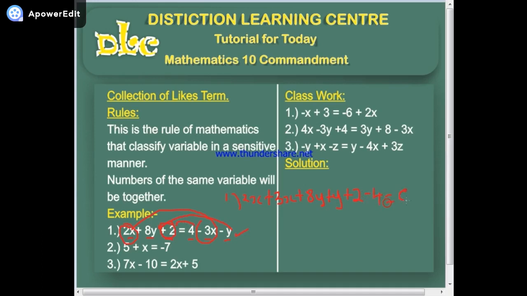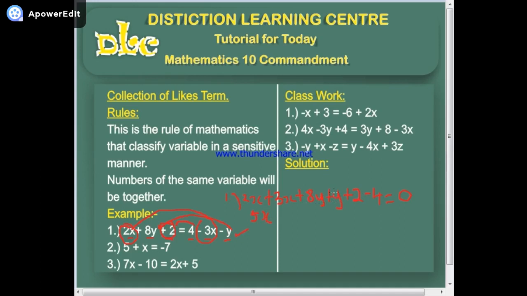So that means what we are doing is now making sense. Now what we are going to do is add the x terms together, add the y terms together, and add the ones that don't have alphabet together. That is 2x plus 3x, that is 2 plus 3, that is 5. So you now join the x to it. And also 8y plus y.